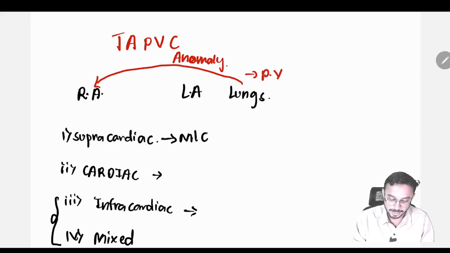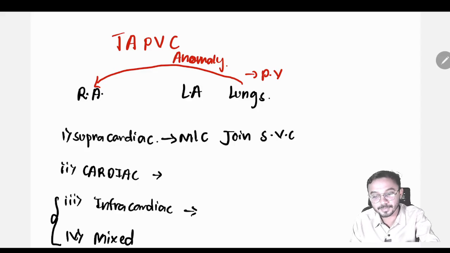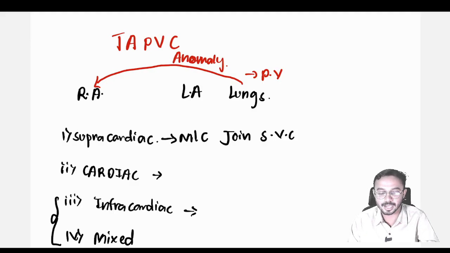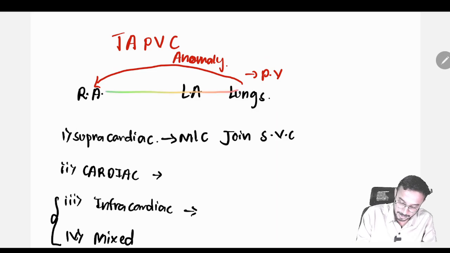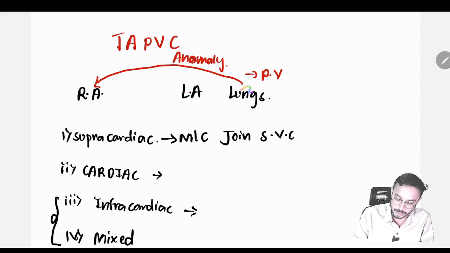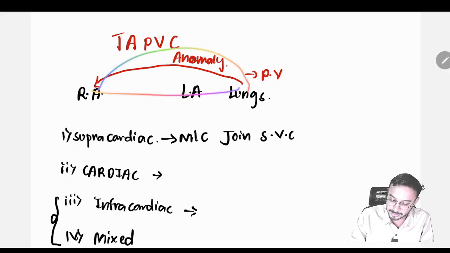What it is like is the pulmonary vein will join the superior vena cava. We all know the superior vena cava is placed above the heart, so that's why it is supracardiac, above the heart. And if the pulmonary vein is directly connected to the right atrium, not above, directly, that is known as cardiac.